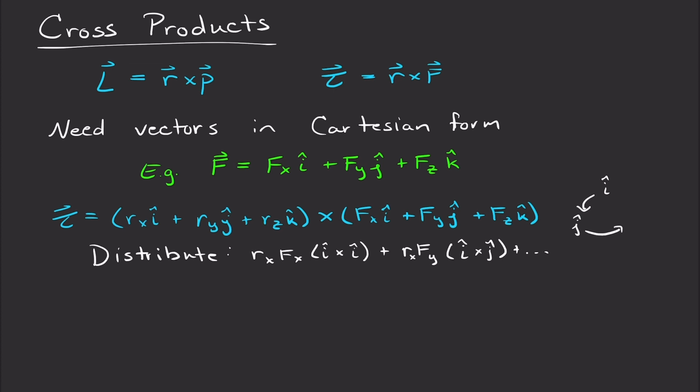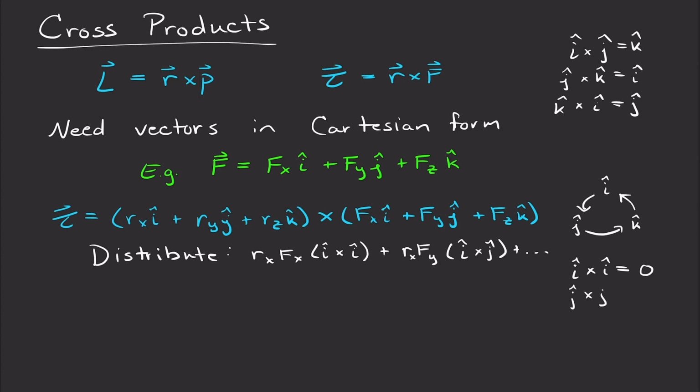So as long as you cross them in order, you get i hat cross j hat equals k hat, j hat cross k hat equals i hat, and k hat cross i hat equals j hat. And since i and i are parallel, if you cross any unit vector with itself, you just get 0.